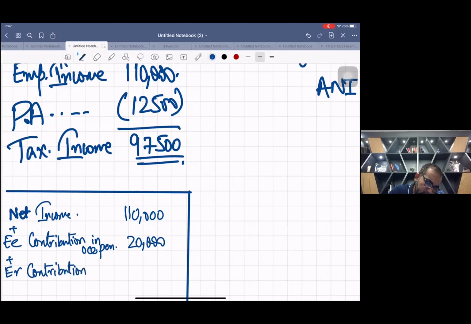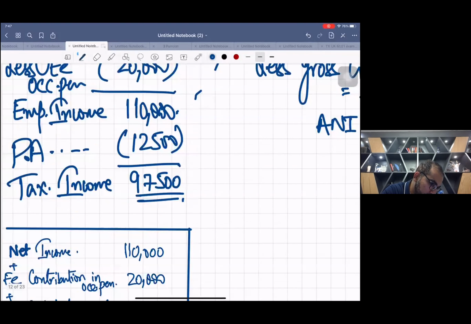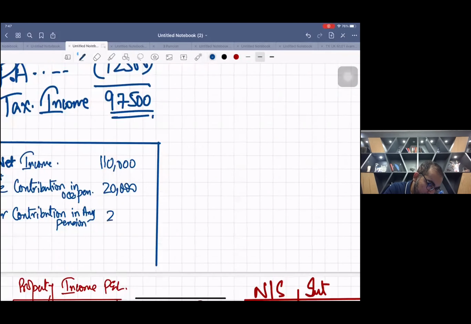Now in any pension, whether it is personal or occupational, any pension of employee. I think in this question it's again 20. So if we add these three, it becomes 150,000. So your AI is equal to 150,000.